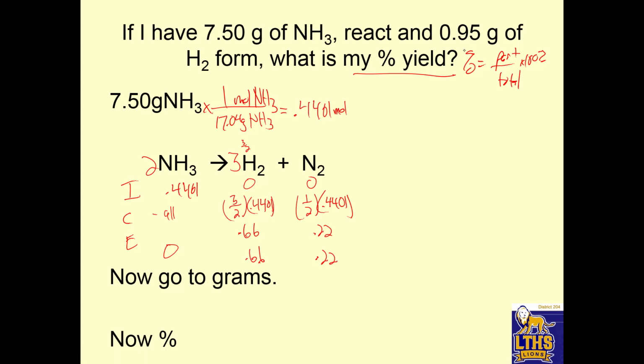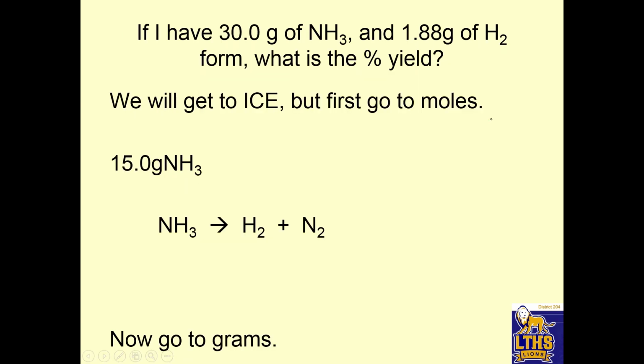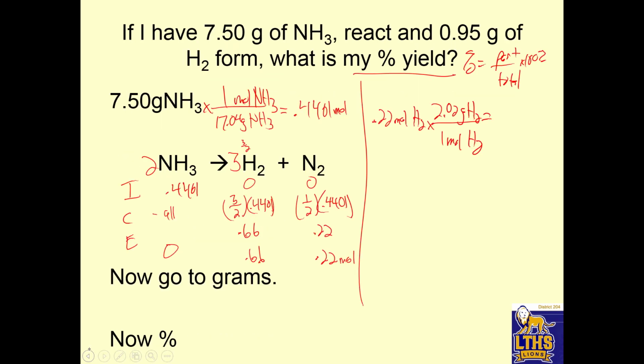And then I need to convert 0.22 moles of hydrogen into grams, which 1 mole of hydrogen, go to the periodic table, is 2.02 grams of hydrogen. So, whoops, 0.22 times 2.02 is 0.444. Okay, so that stinks because I messed up my math. So if I said 0.95 grams form, I'm going to change this because I'm a cheater.